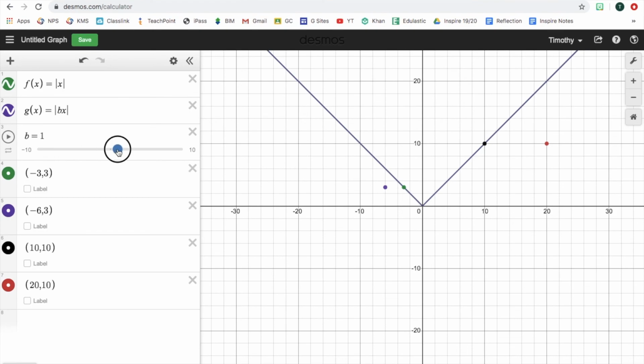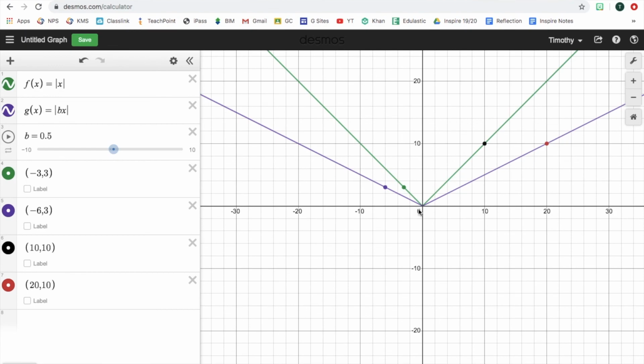I'll move this over, and I'm stretching it out horizontally. Now I'm at 0.5, which is 1/2. And that is a horizontal stretch. Remember, for a horizontal stretch, we're stretching away from the y-axis.